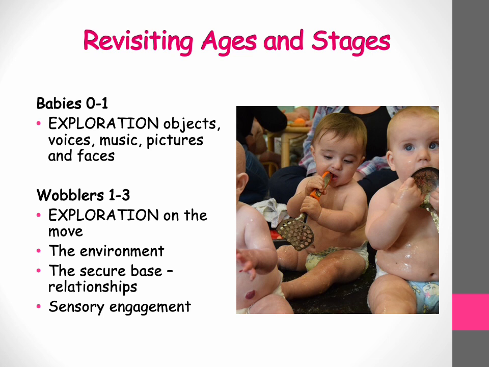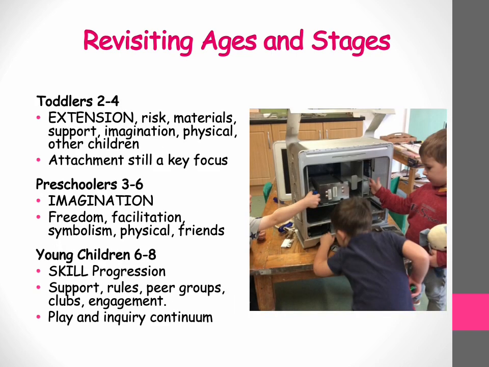So they need a secure base in relationships, lots of sensory engagement. In our toddlers, it's all about extension, risk, materials, support, imagination, physical and other children. And attachment, again, is still a really crucial focus there too.